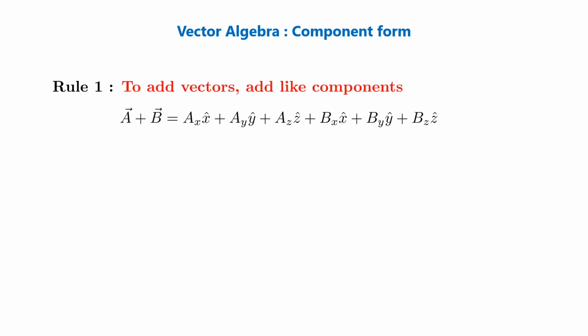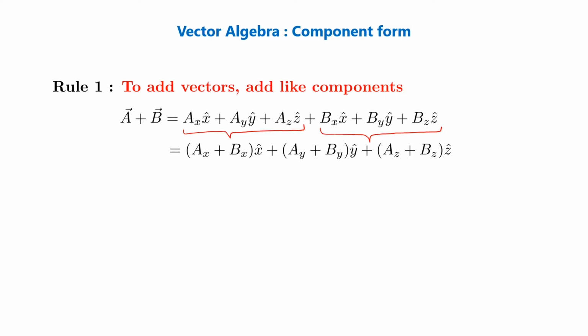Let's assume that we have to add two vectors, vector A and vector B. This is the component form of vector A and this is the component form of vector B. Now, if we combine the terms of x hat, y hat and z hat, we'll get (ax plus bx) times x hat plus (ay plus by) times y hat plus (az plus bz) times z hat. That means to add two vectors, add like components. We have added the components ax and bx, then ay and by, and then az and bz.